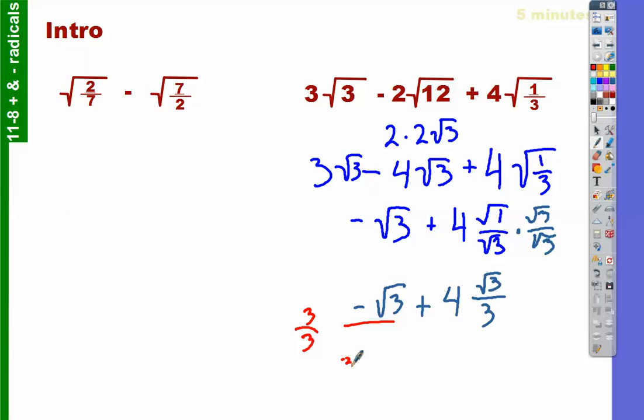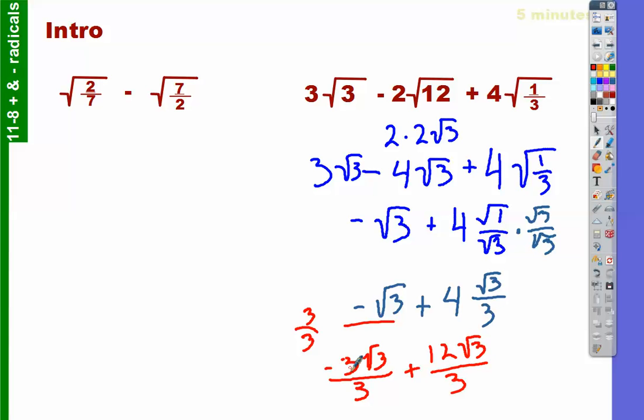So I get negative 3 root 3 over 3 plus, well, I have 4, and I need to turn that into thirds. So 4 times 3 is 12, right? So I have 12 root 3 over 3.